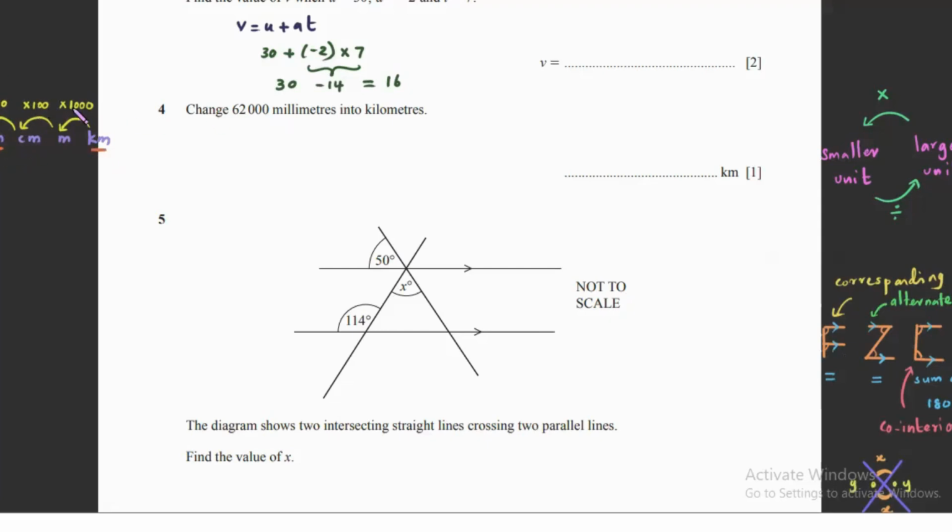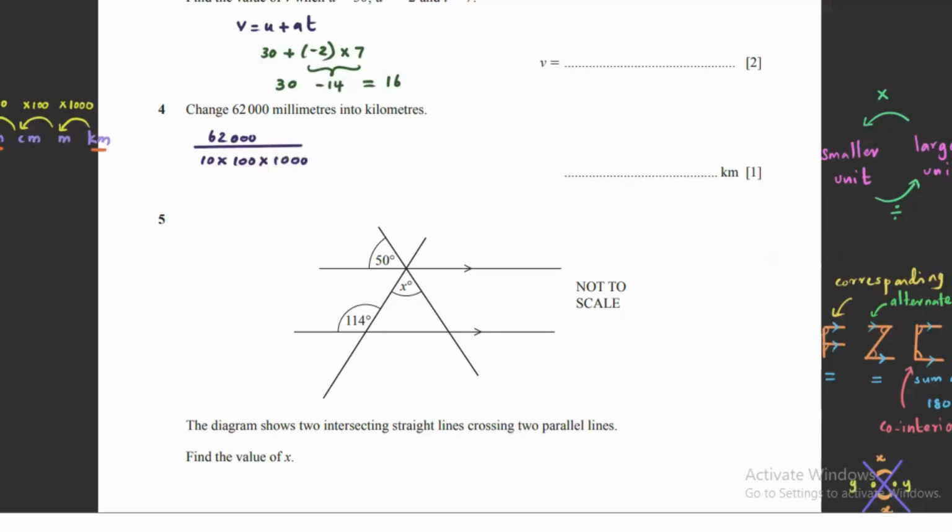So to convert millimeters to kilometers, you need to divide by 10, divide by 100, and then again divide by 1,000. The number given to us is 62,000, so this 62,000 has to be divided by 10, 100, and then again by 1,000.